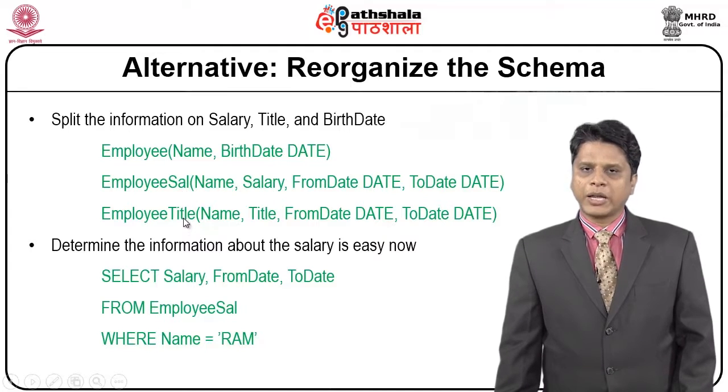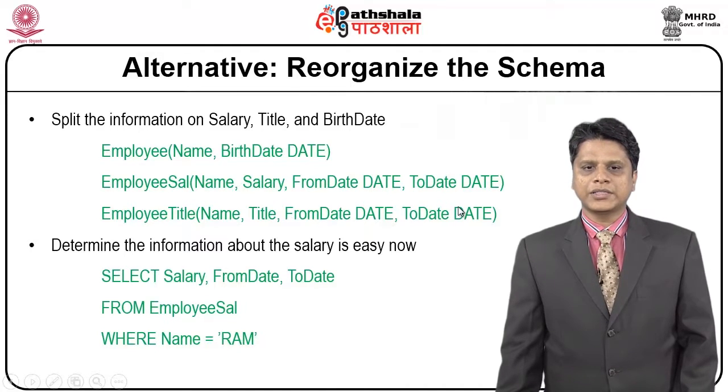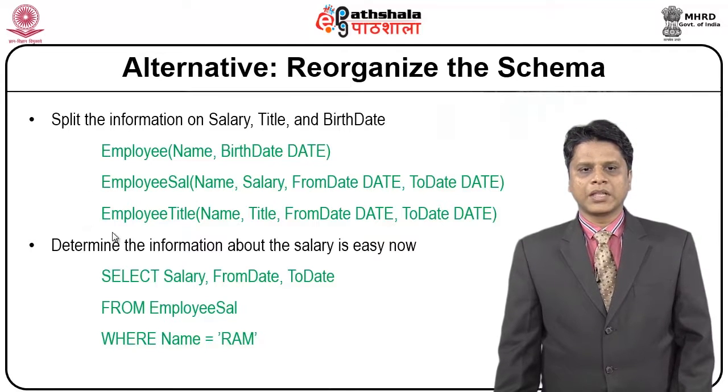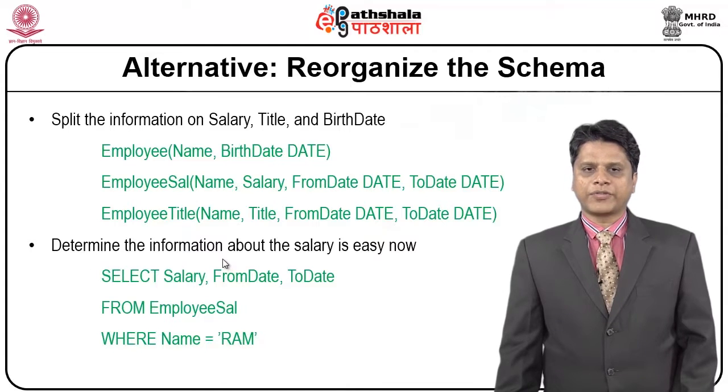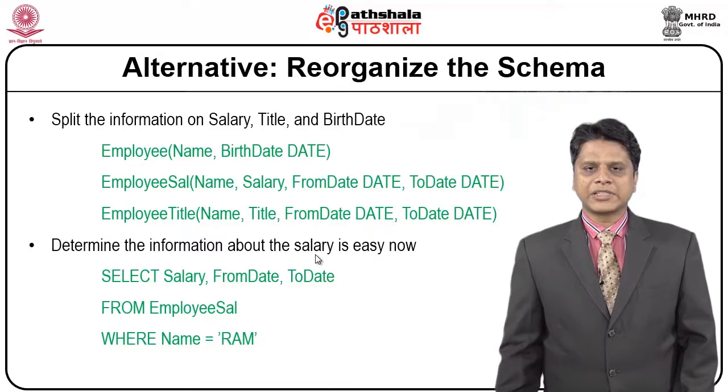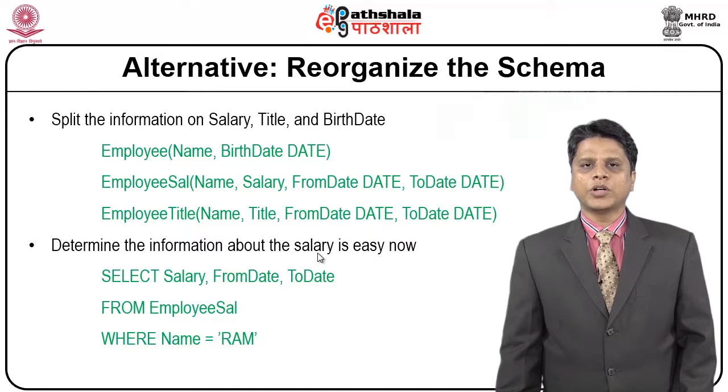Likewise, for employee title, the from date and to date interval is again changing, and it depends on the designation title. So this has been considered as two separate tables on top of the employee table, where the employee relation has only one record. By giving this sort of a relationship, we may have to determine the information about salary, which we estimated in the previous instance also, but found to be a little bit difficult.